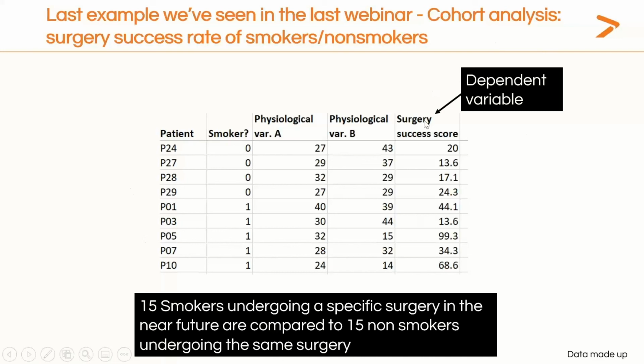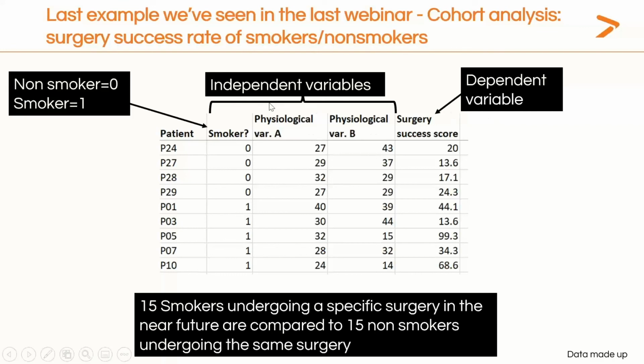And then the surgery success score is measured after the surgery of all of these patients. This is the dependent variable. And these are the independent variables, all of these variables. So smoking status, and then some physiological variable A, another physiological variable B measured in each patient. So each of these variables may potentially influence the outcome.